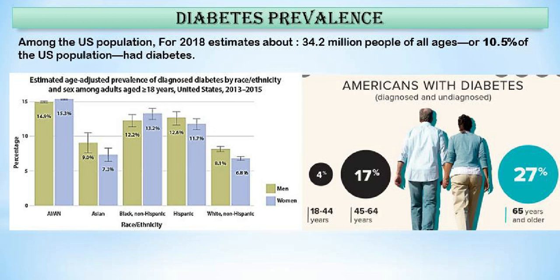In another study conducted in America, only 4 of patients were between the age group of 18-44, 17 of patients between the age group of 45-64, while the highest proportion, 27, of diabetic patients was seen in the age group of 65 years and older.